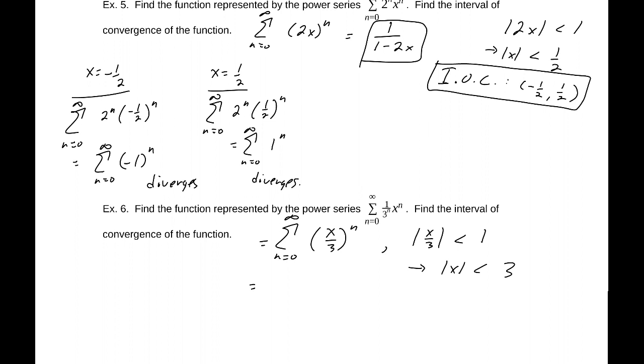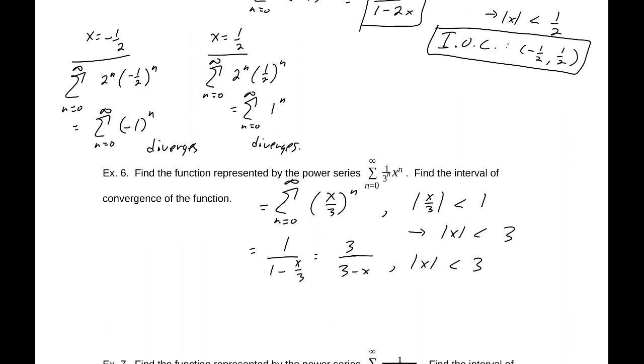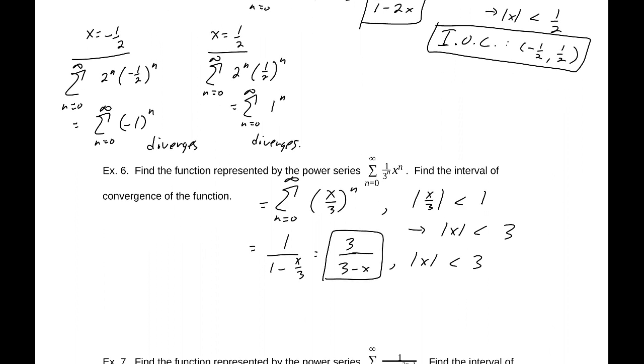So let's write this as a function that is 1 over 1 minus x over 3, which if we multiply through by 3, that's 3 over 3 minus x, with absolute value of x less than 3. So there's our function, and our interval of convergence is -3 to 3.